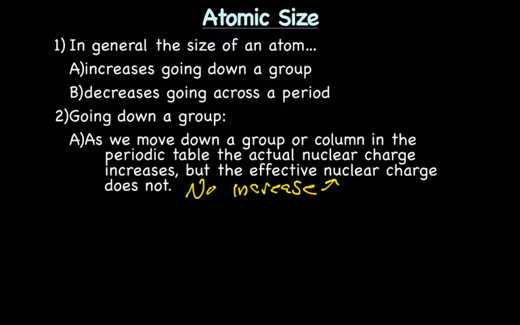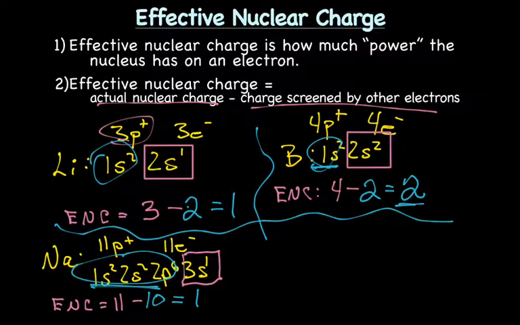And that's something we just talked about. But what does happen? Well, if we look, we just did this here between lithium and sodium. What happens is that we go up an energy level, right? We go from 1s2, 2s1 to 1s2, 2s2, 2p6, 3s1.